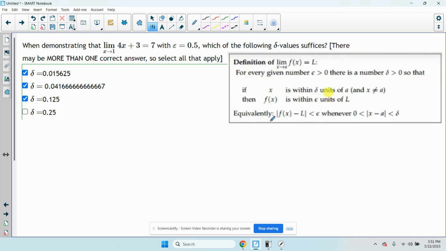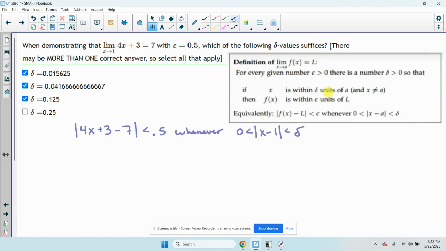So our f of x here, we have the absolute value of 4x plus 3 minus the limit, which is 7, is less than epsilon, which is 0.5, whenever we have that the absolute value of x minus 1, the value I'm finding the limit at, is between 0 and this delta.